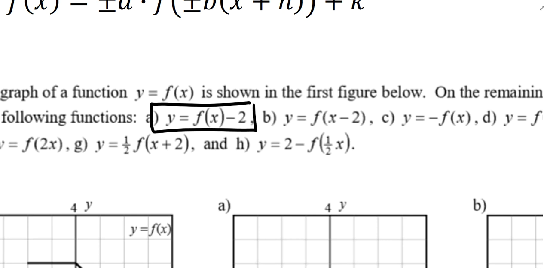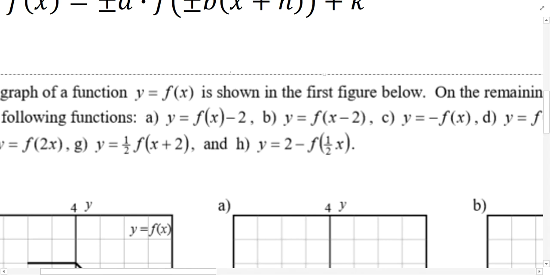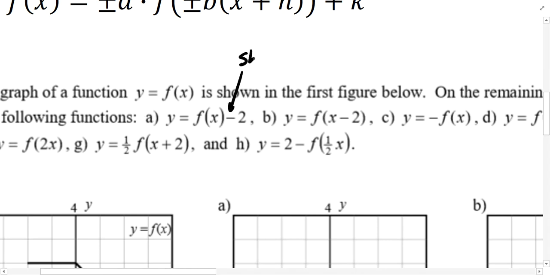And hopefully you recognize that we are subtracting a value, so this is going to be some sort of shift. And since we're subtracting on the outside of our grouping symbol, this means that it's a downward shift, and we're going down 2 units.